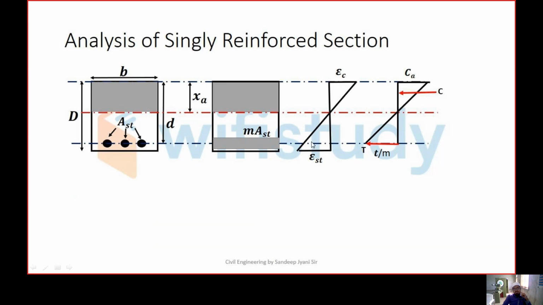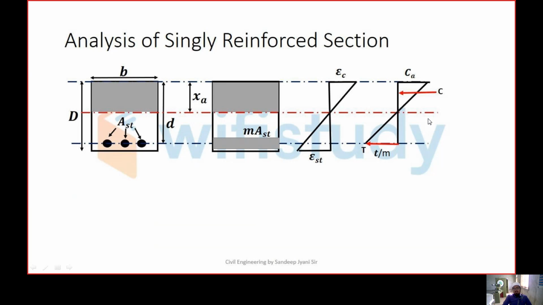Likewise the strain diagram will come. In the strain diagram, at the neutral axis both compression and tension will be 0. That means no strain and no stress exists at the neutral axis. In the topmost fiber of the concrete, compressive strain will be maximum, and in the bottommost fiber of the concrete, tensile strain will be maximum.